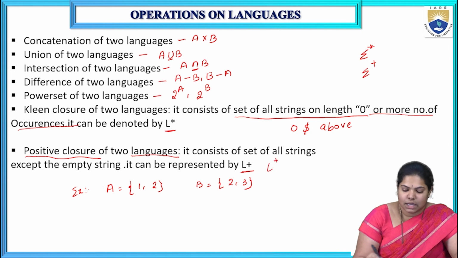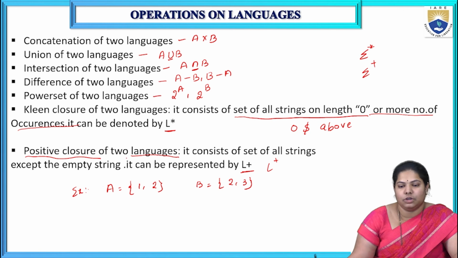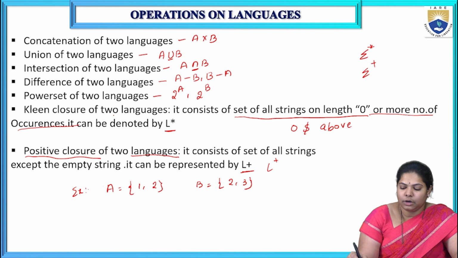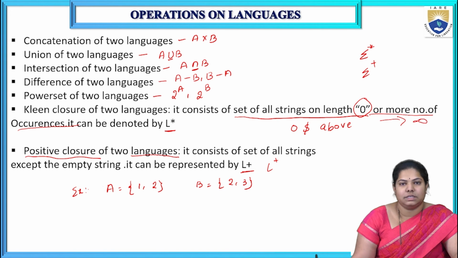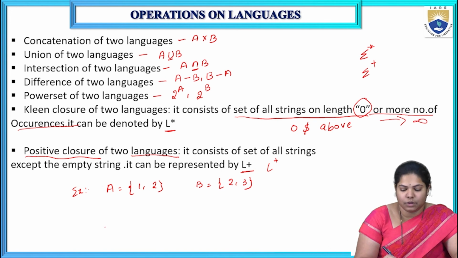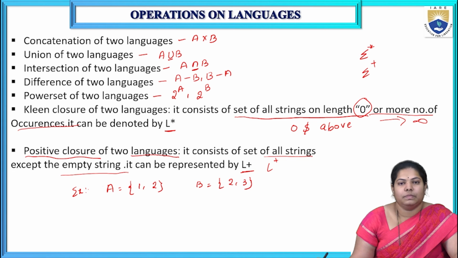In the Kleene closure, we start with the 0 length string and end at the infinity length string. Then what does positive closure mean? It doesn't contain the empty string.